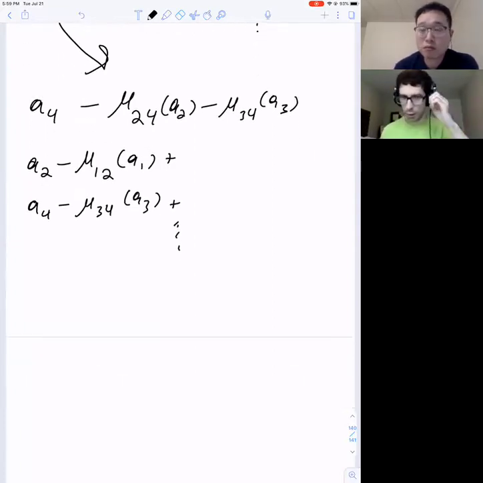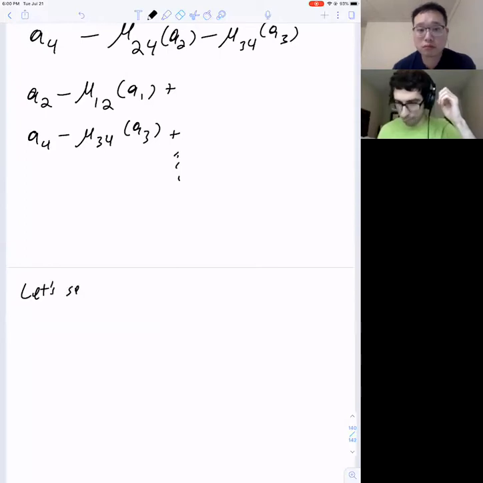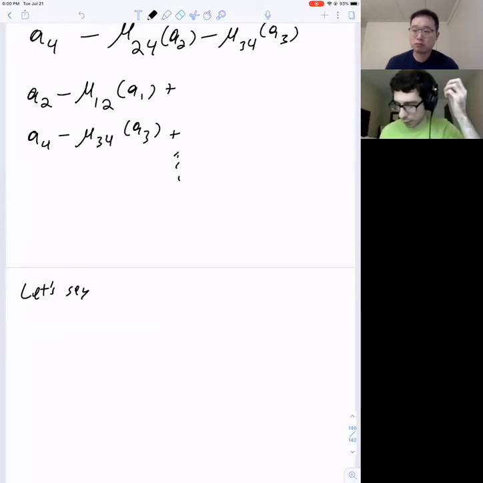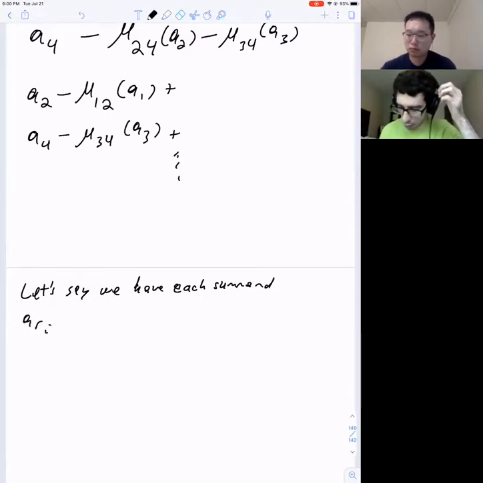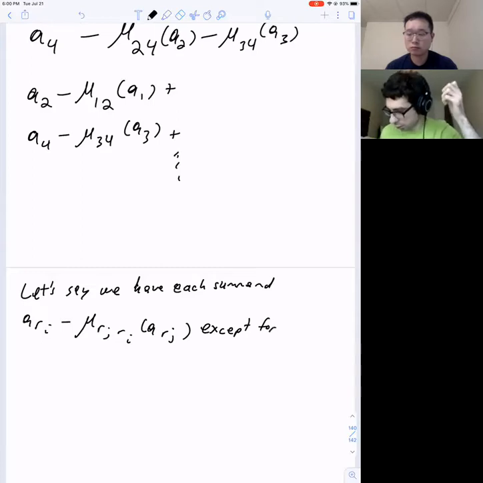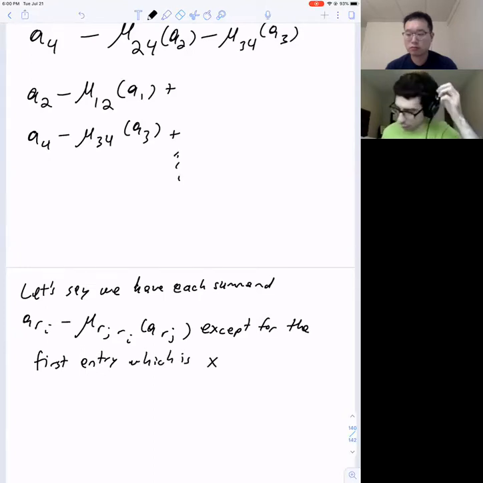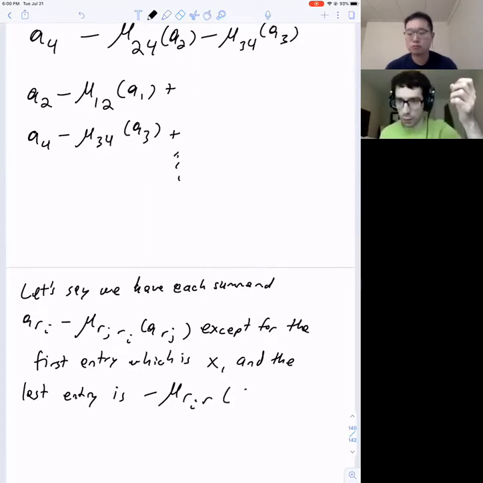So let's say each summand looks like A RI minus mu RJ RI of A RJ, except for the first entry, which is, let's say, x1, and the last entry is, I'll say, negative mu RI R of some X RI.